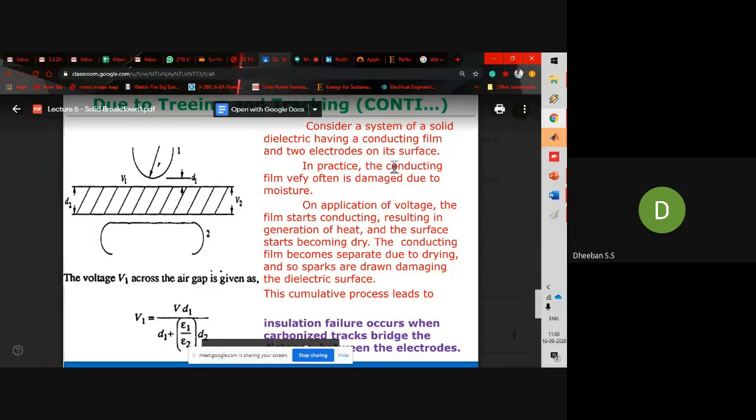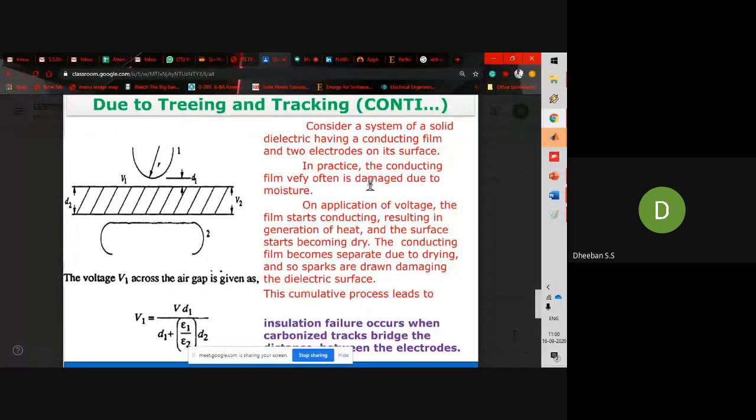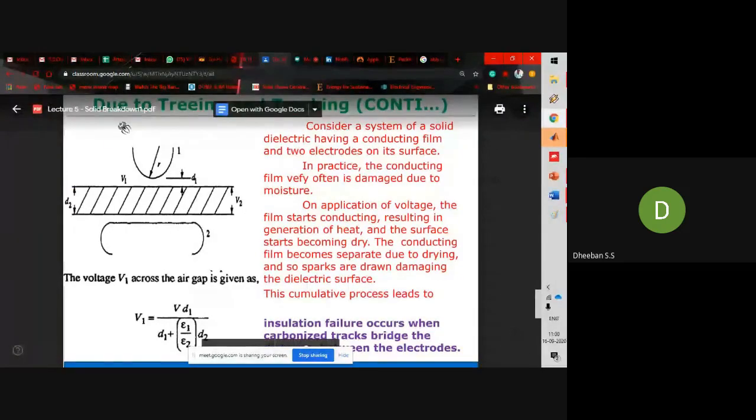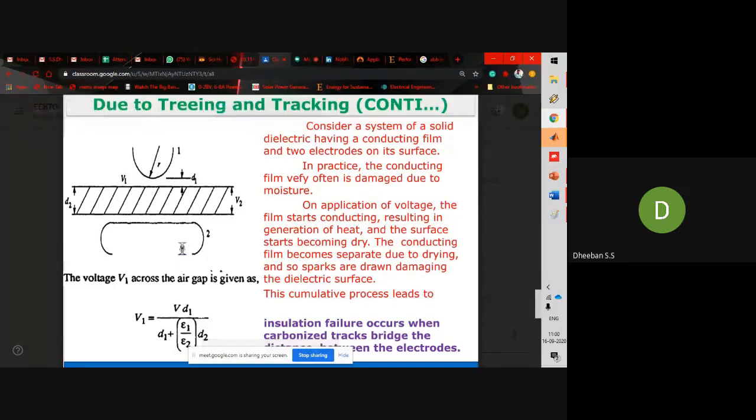In practice, the conducting film very often is damaged due to moisture. This you already know. If there is a presence of moisture over the surface of the dielectric medium, then it will favor a breakdown. On application of voltage, the film starts conducting, resulting in generation of heat, and the surface becomes dry.